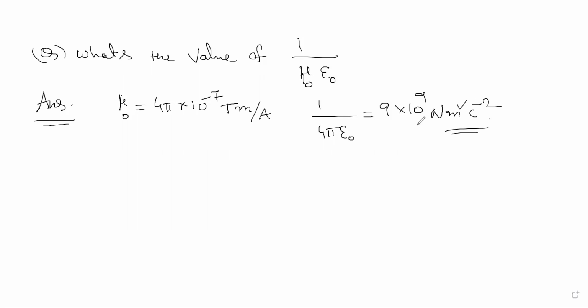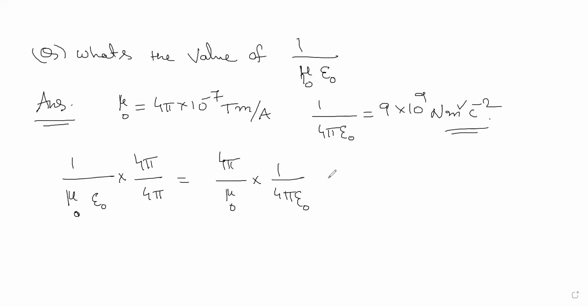So when we take the values into consideration, we have to multiply these things. I'll consider the value of 1 by mu naught times epsilon naught and multiply and divide with 4 pi once. So I have 4 pi by mu naught as one factor, and 1 by 4 pi epsilon naught as the other factor.